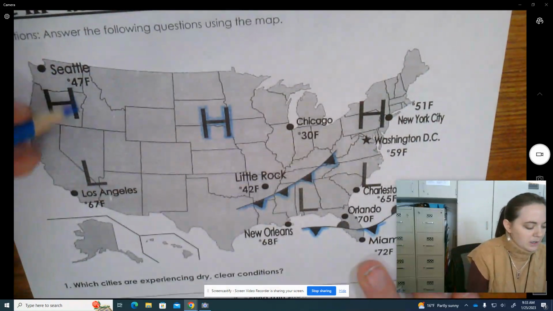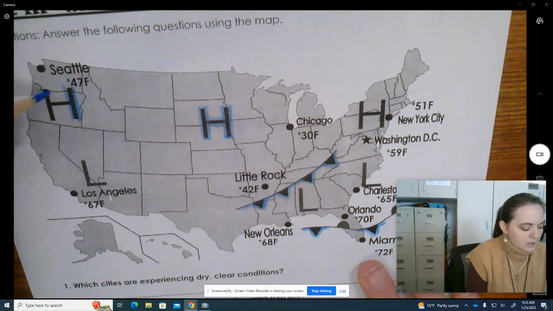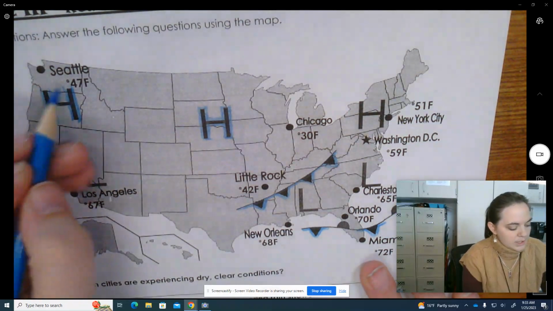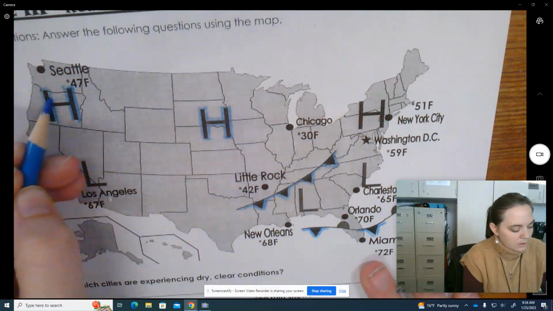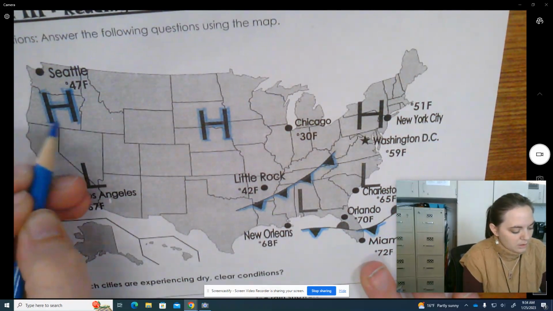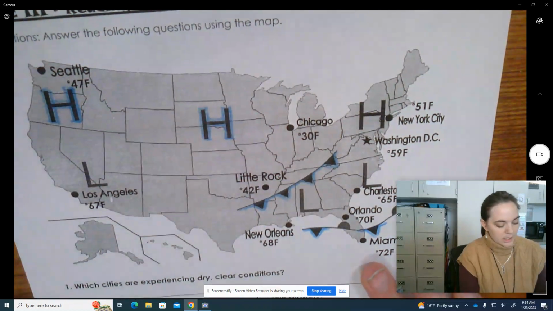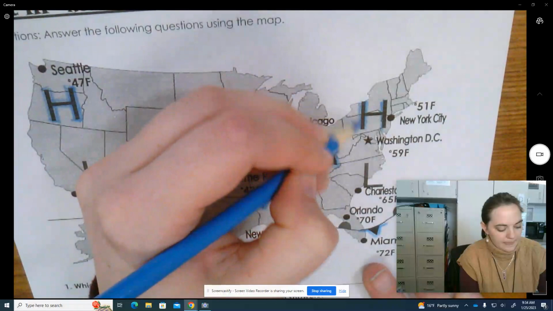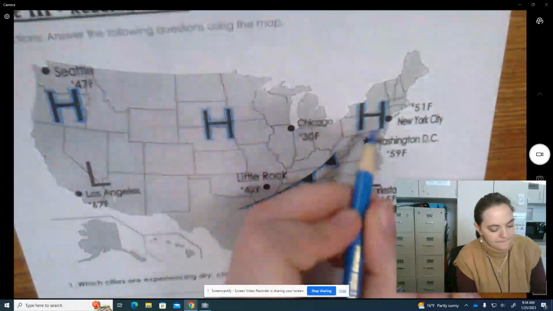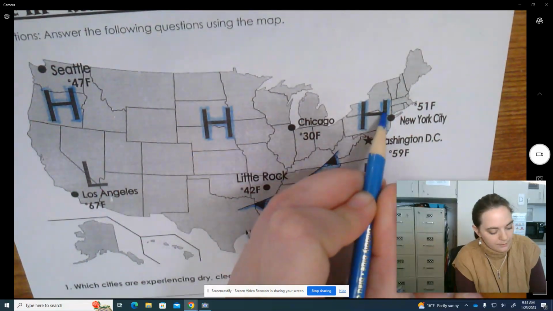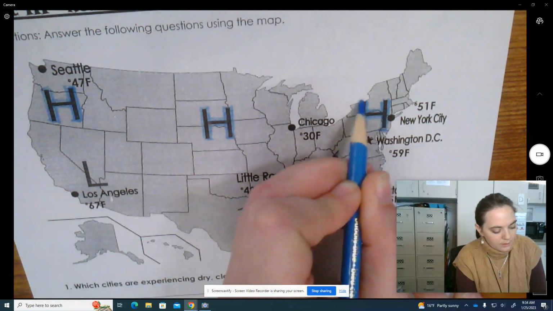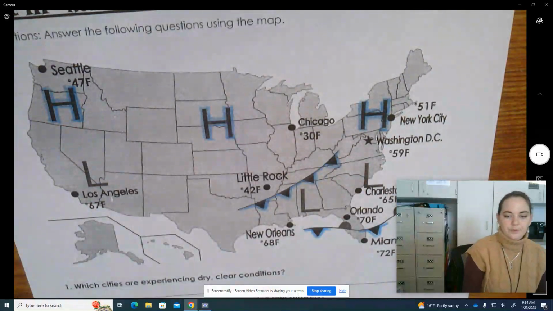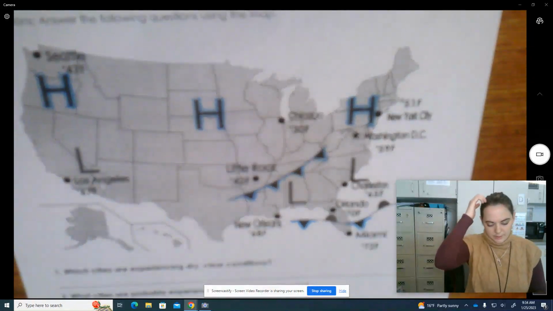So high pressure there, high pressure here, up by Seattle. And high pressure means clear skies. Okay, so we've got all our high pressures colored blue.